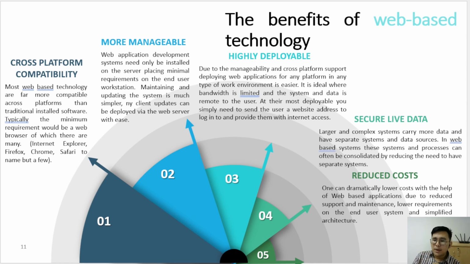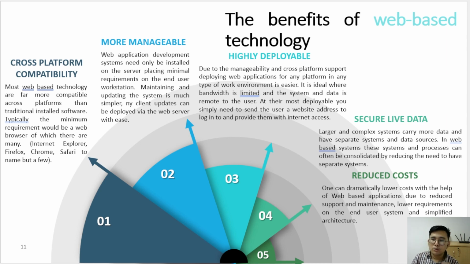The last benefit is the cost. We can get a cheaper system because we don't have to buy infrastructure. We don't need a lot of technical support, because sometimes when we have web-based technology using hosting or a virtual private server, they have their own team to manage the technology.